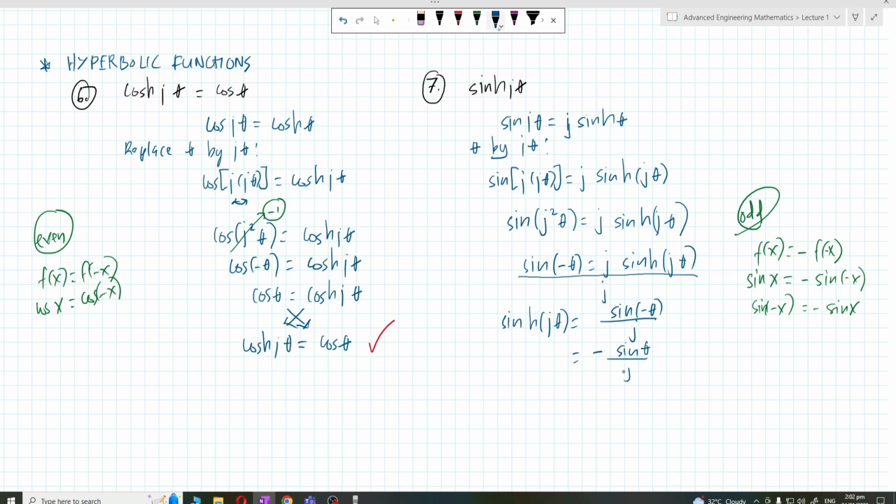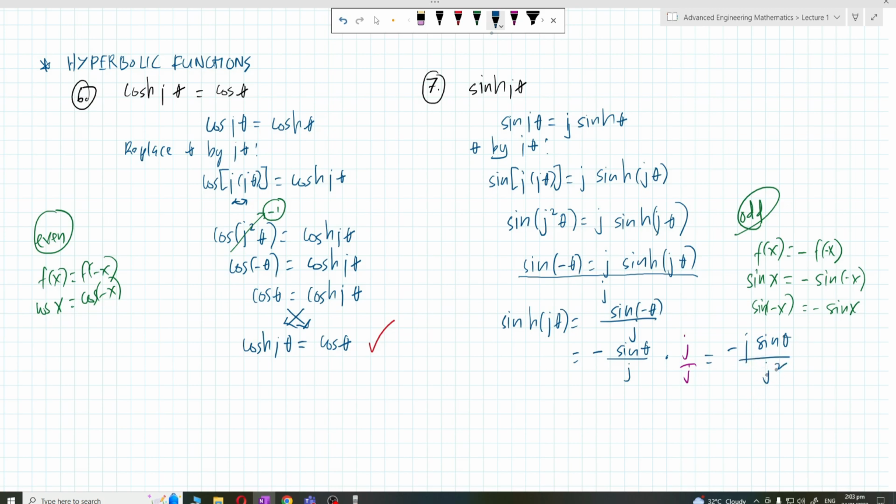Okay, over j. Then rationalize guys, so multiply natin ng j, numerator and denominator. Yan. Okay, so magiging negative j sine of theta over j squared.